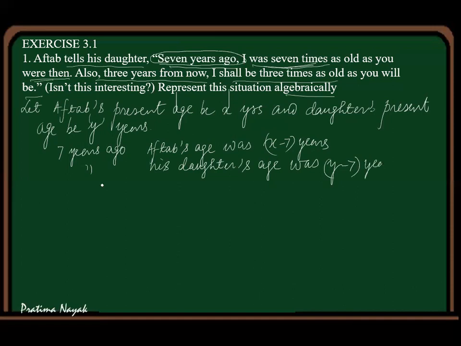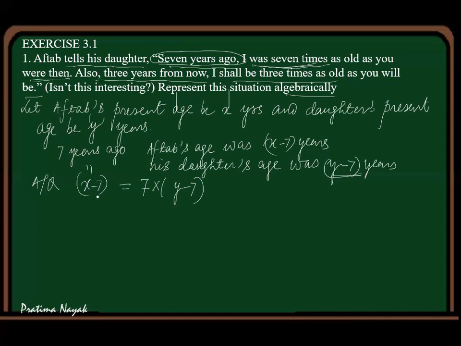Now, according to the question, Aptak's age x minus 7 is equal to 7 times the age of the daughter at that time. So y minus 7. At that time it was y minus 7.